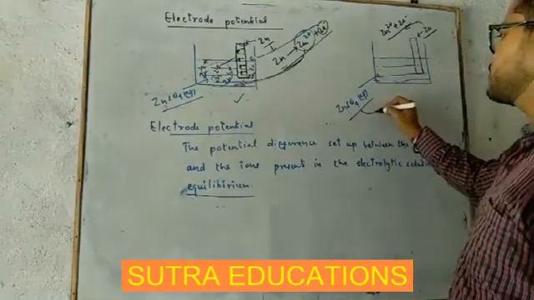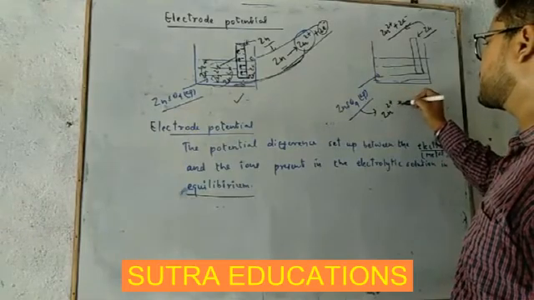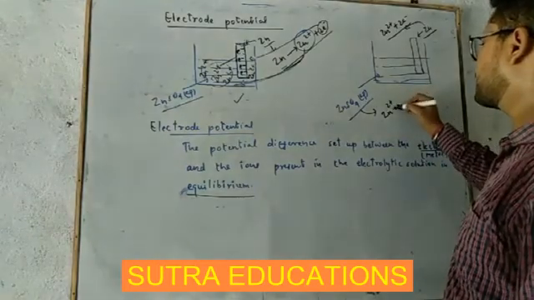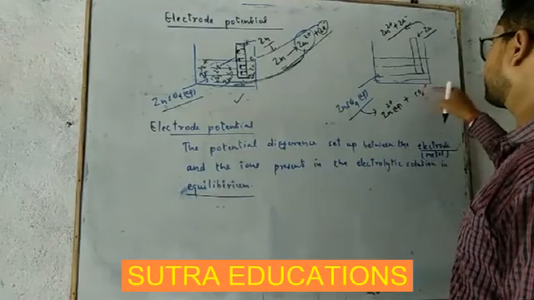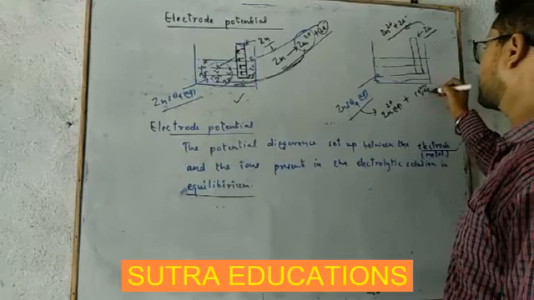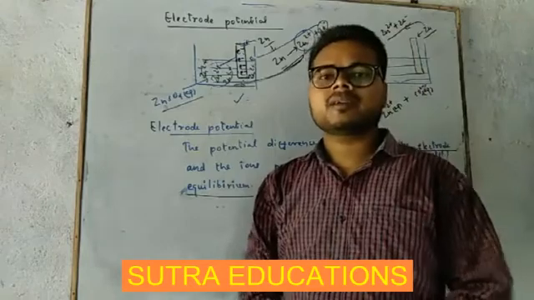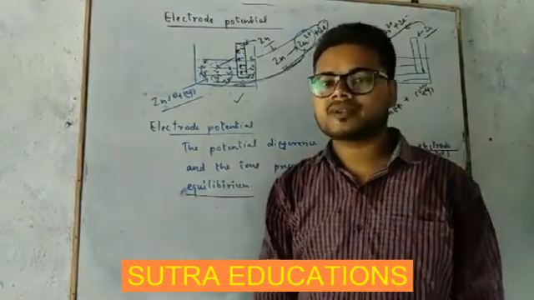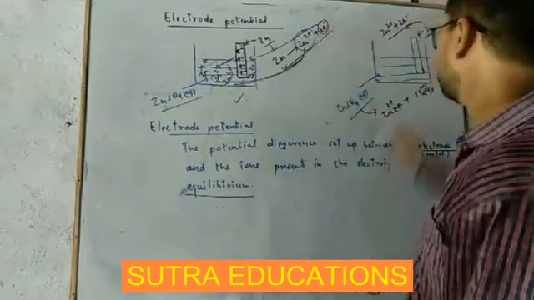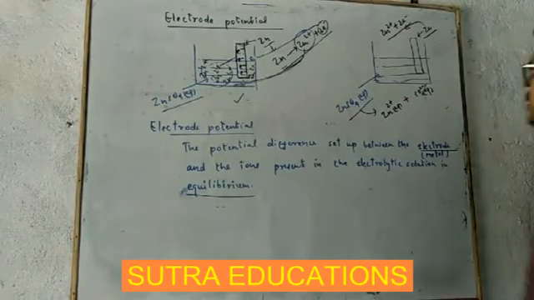If it is ZnSO4, then ZnSO4 can also break into Zn2+ aqueous plus SO4 2- aqueous. Getting this or not? It is an electrolyte dissolved in water, so it will dissociate into Zn2+ and SO4 2-. And again this zinc will oxidize by releasing 2 electrons, meaning Zn2+. Okay, now what will happen?